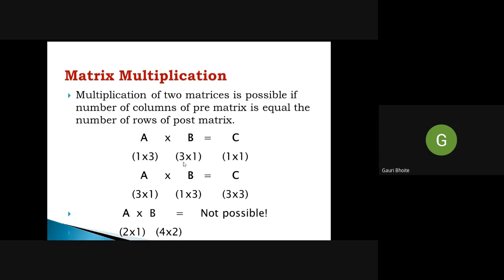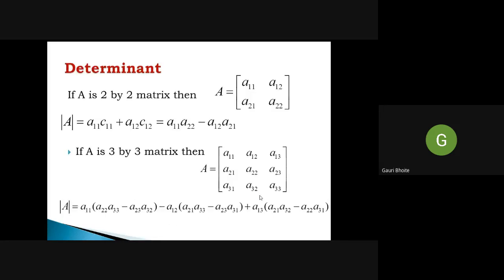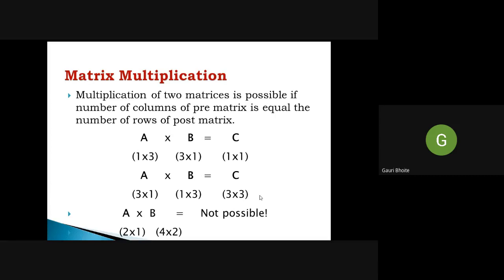Second example, 3 by 1 and 1 by 3: again the columns of the pre-matrix are 1 and the rows of the post-matrix are 1, so multiplication happens and the resultant has number of rows of the pre-matrix times number of columns of the post-matrix.